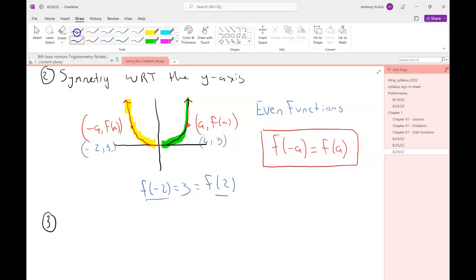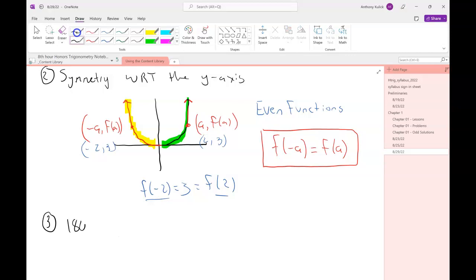So the third one, we have symmetry with respect to x, symmetry with respect to y. The third one should be the origin. Yeah, so we call this symmetry with respect, oh, I'm sorry, not that.